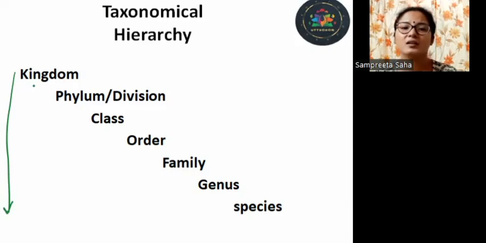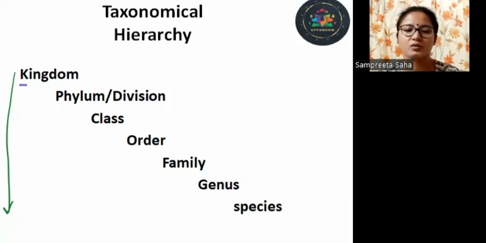But they have very little resemblance, right? So two organisms lying under the same kingdom will have very few similarities compared to the ones placed under the same level of species or the same level of genus.